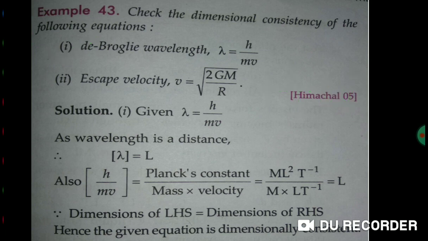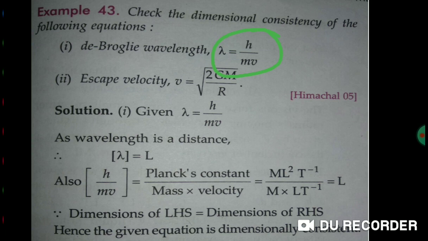Good. Now the first one is the de Broglie wavelength. The formula is lambda equals h by mv, where lambda is wavelength, h is Planck's constant, m is mass and v is velocity.